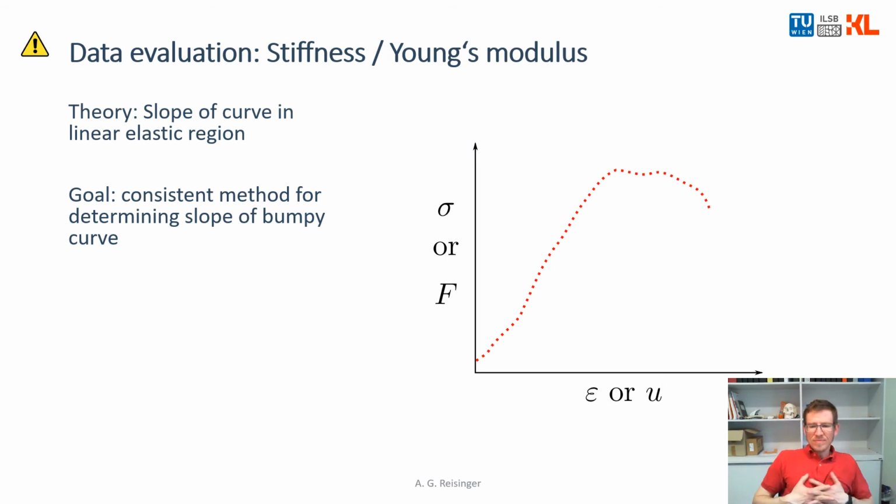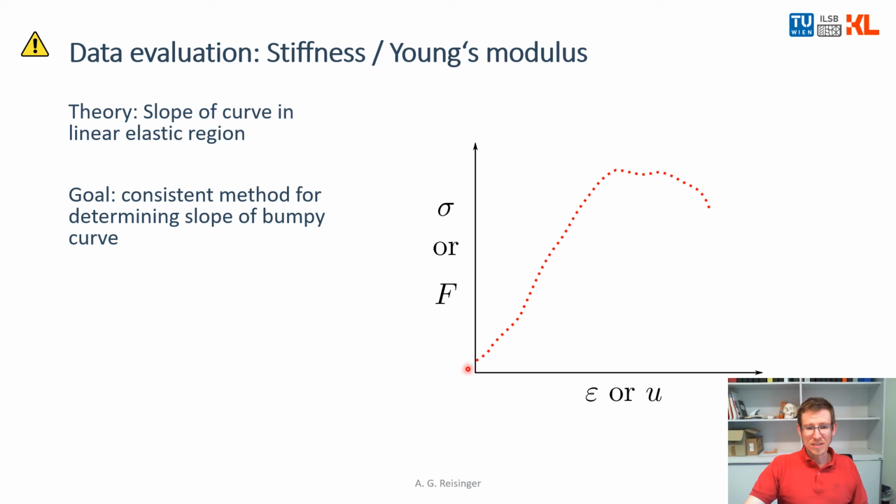And then we can extract, for example, stiffness values. In the case of structural properties, it's really stiffness, so K. And in case when we are in the stress and strain regime, it's the Young's modulus we are extracting. And we need to get the slope of the linear elastic region of our experiment.